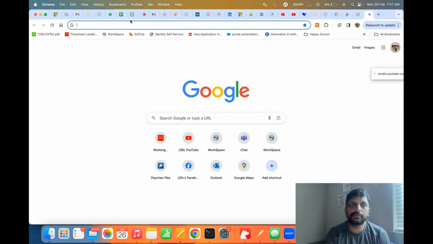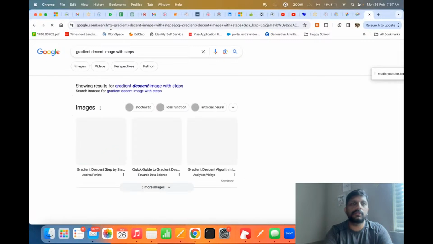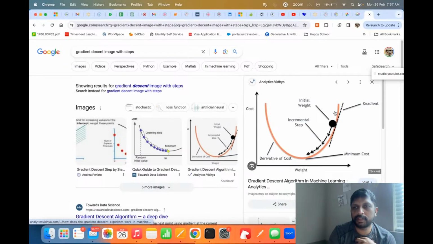Let us look at the gradient descent image with steps, let's say. Instead of that complex curve, they explain it by putting it on a graph like this. This is the cost function j, and these are the weights w1 w2.